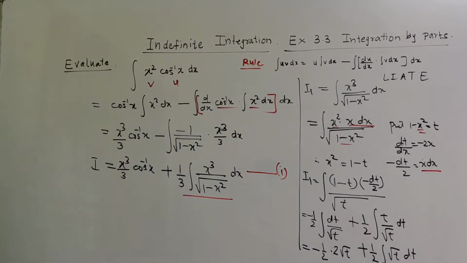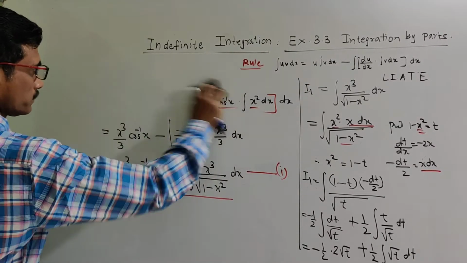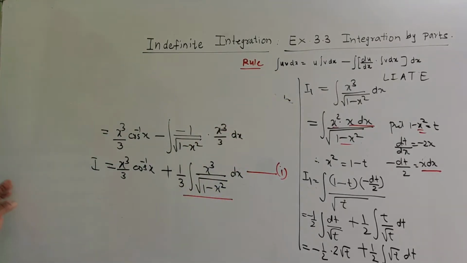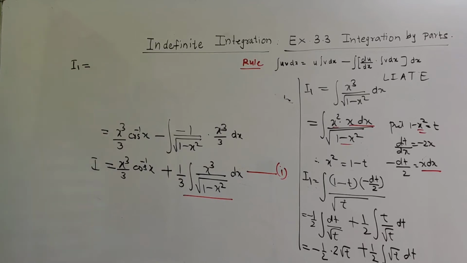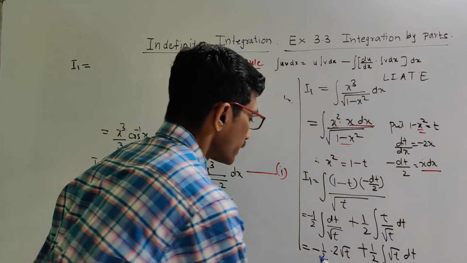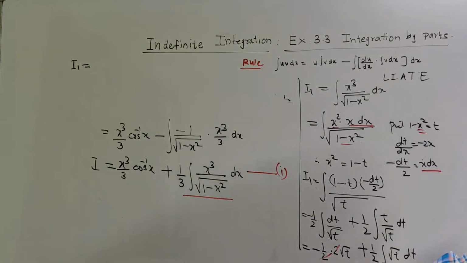Further we evaluate it, then it gives us I1 equal to, this 2 is getting cancelled, and t upon root t is root t.